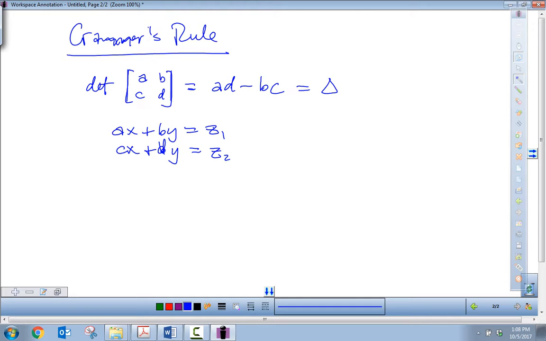Anyways, I should have been more careful with my numbers or letters. Then you can find a solution to this.